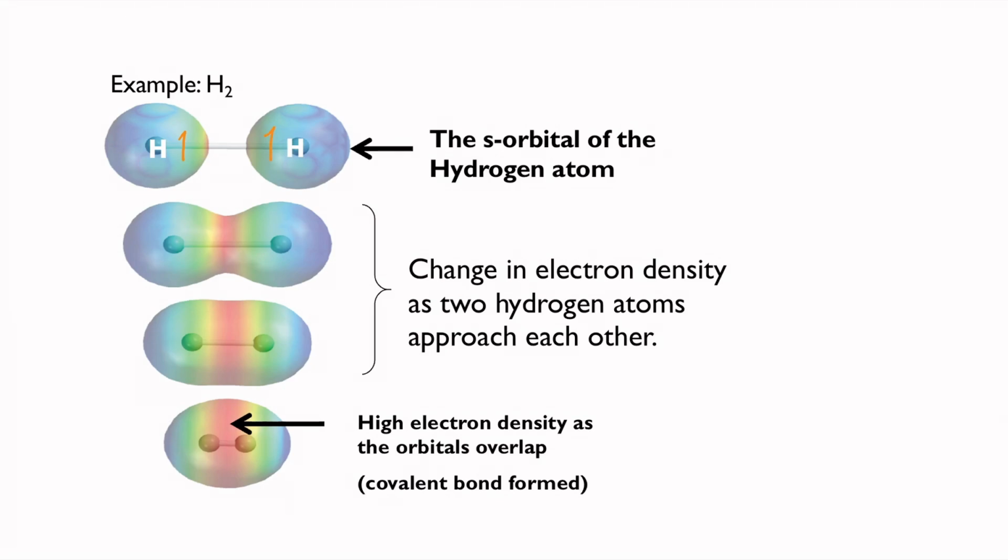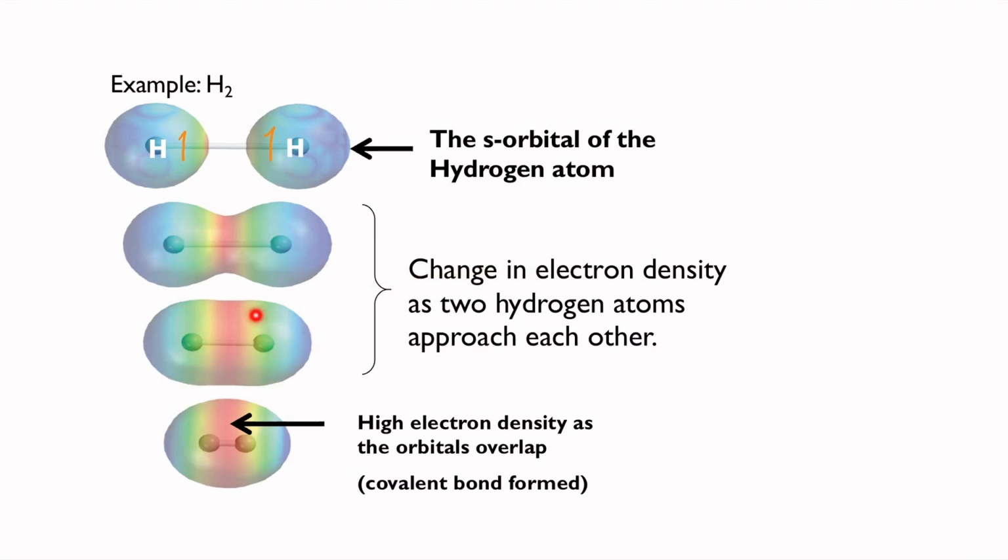To form a covalent bond in your hydrogen molecule, the orbitals will come closer to each other in order to overlap. When they overlap, there's a change in electron density, how your electrons are distributed.